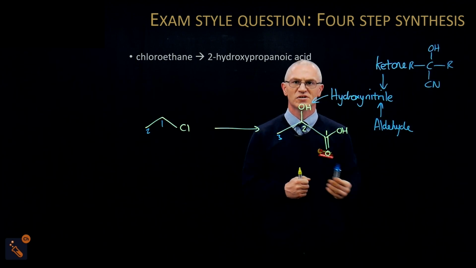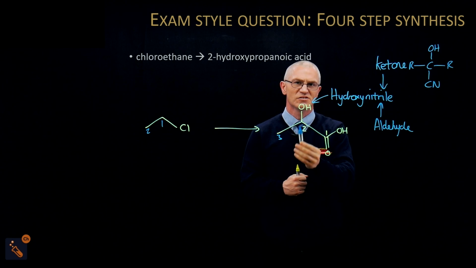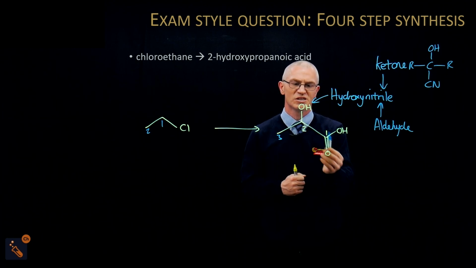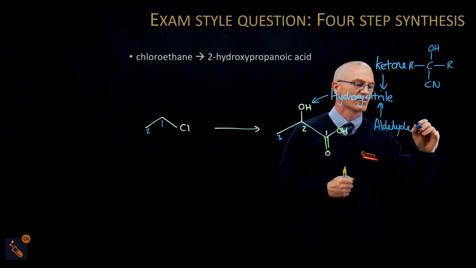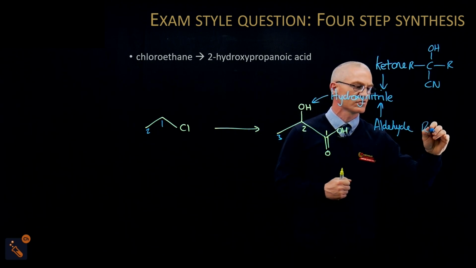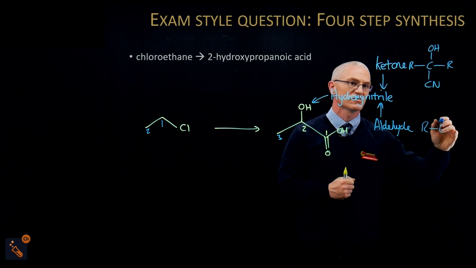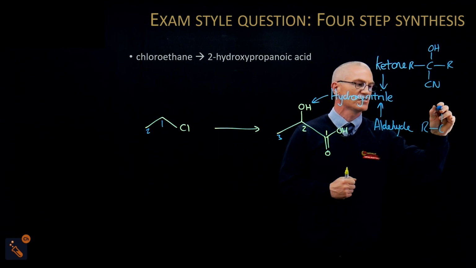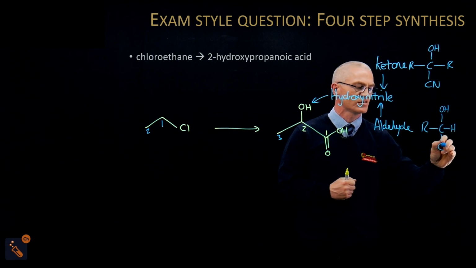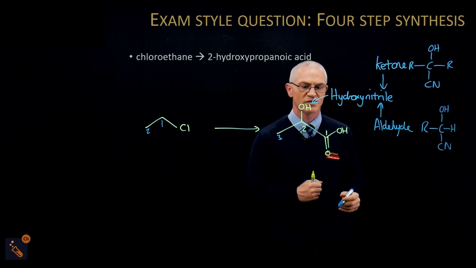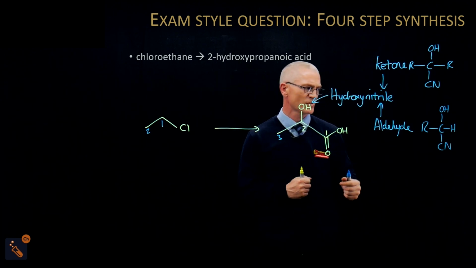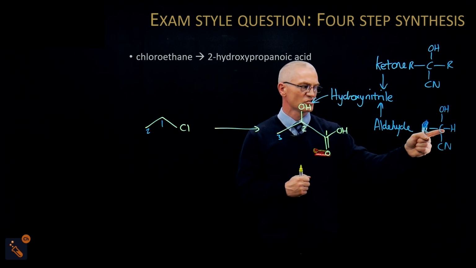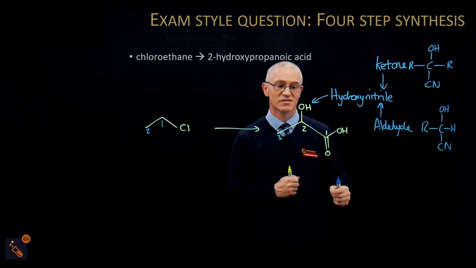You'd have to have this be the R group, this be the R group, and then the CN coming down. Now, if you have an aldehyde, it looks like this. So it would have your OH there, it would have an H, and it would have a CN like this. So if that's the case, that means the OH is on the carbon that's next to the CN.